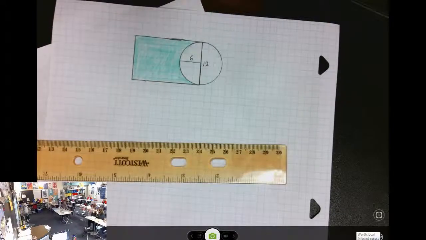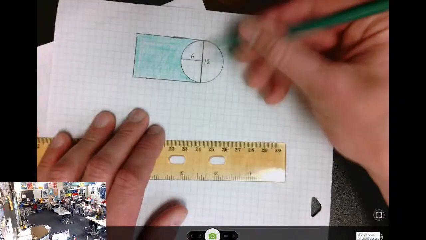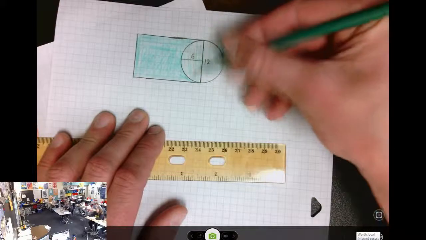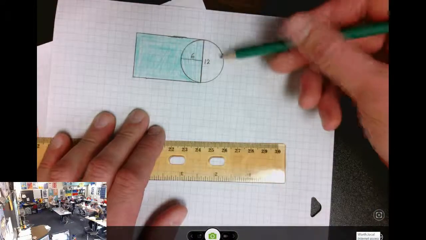Now, can I find the area of that turquoise region? Yes. Like easily? No. So what would be an easier way to split my shape? Find the area of the circle. I could do the area of the circle, sure, but you could also draw a line. If I split my shading here and find the area of the rectangle, what do I have left out here?